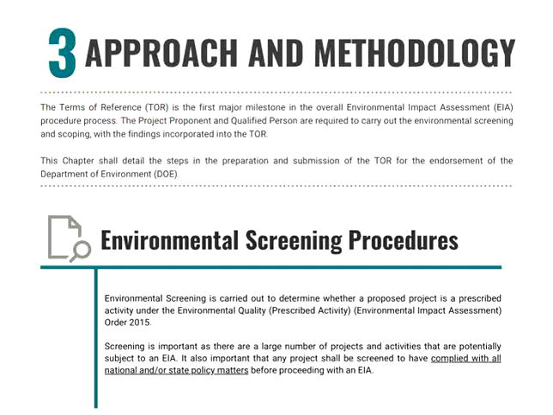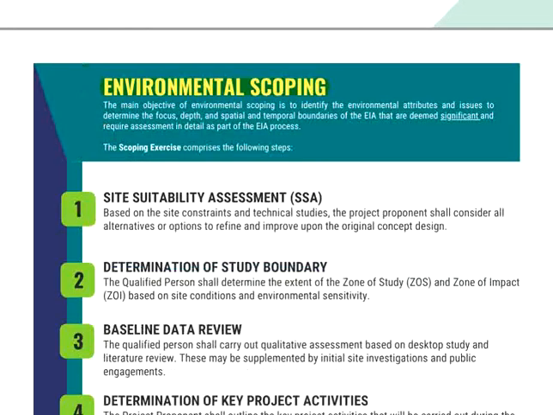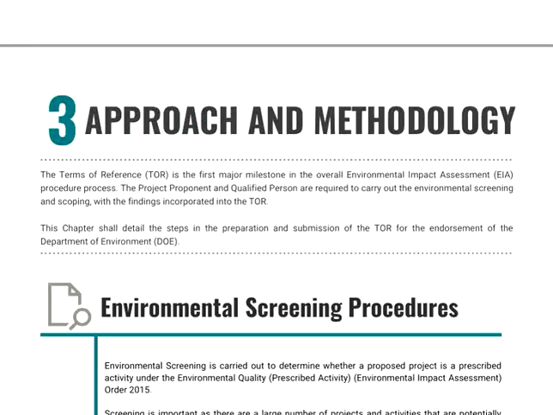The terms of reference set the objectives, scope, and methods of the environmental impact assessment. To make it simple, you can consider the environmental screening process as well as the environmental scoping process as the preliminary studies for the establishment of the terms of reference.